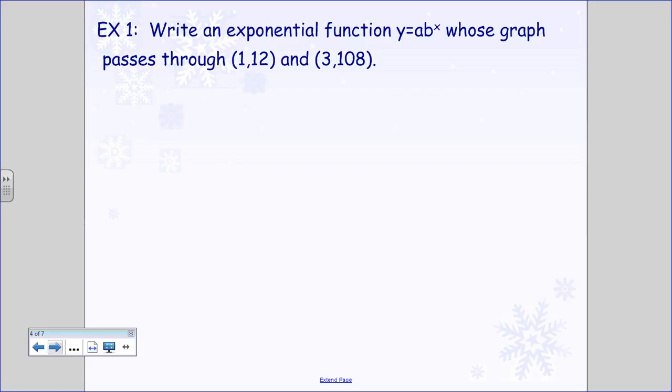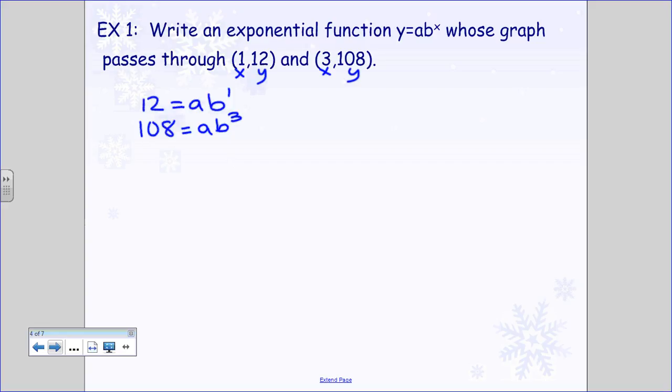So the points are x and y. So we're going to have 2 different equations. So we have 12 equals a times b to the x, which is 1. And then we also have 108 equals a times b to the third.